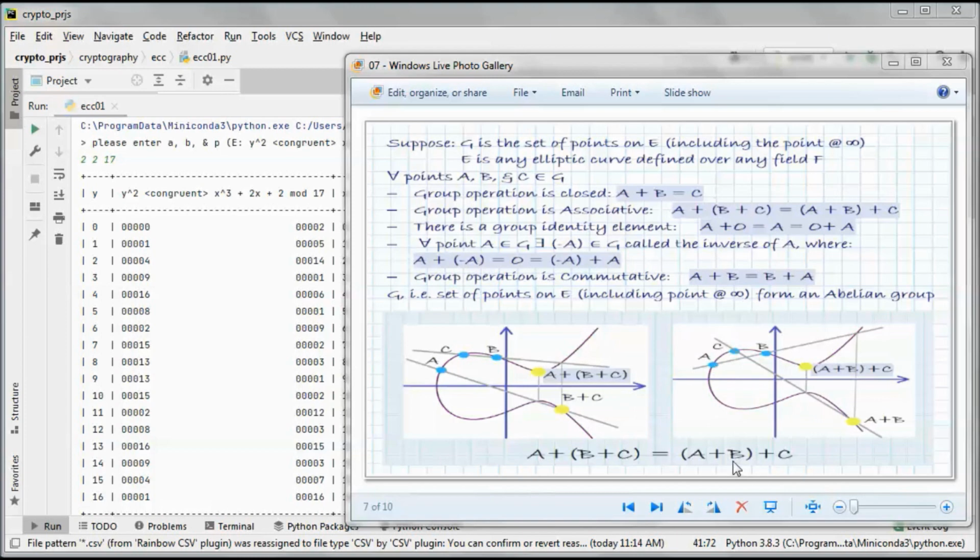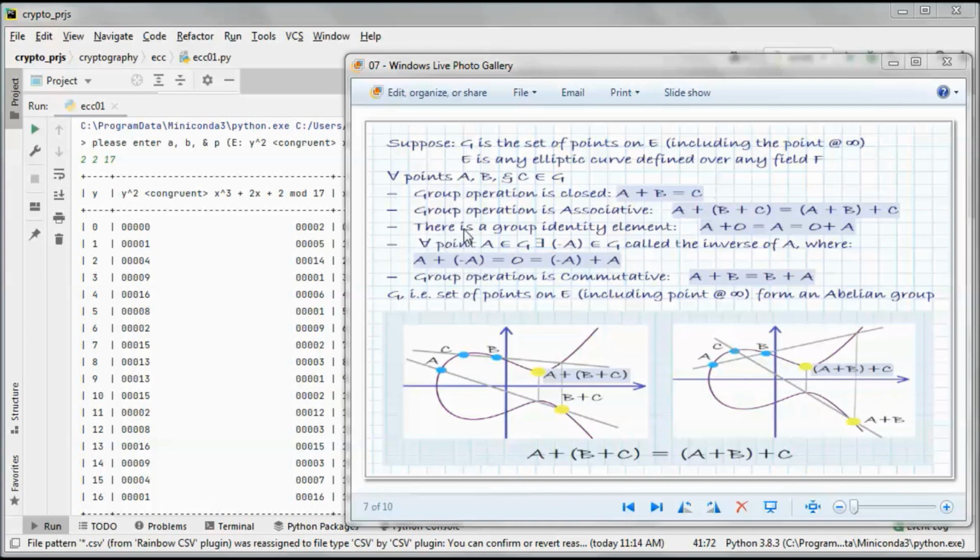And here (A plus B) plus C: A plus B, this is the third intersection point, and we go down here, we get A plus B, and then (A plus B) plus C is this intersection point, and we come up here, we end up with (A plus B) plus C, and those 2 points are the same.